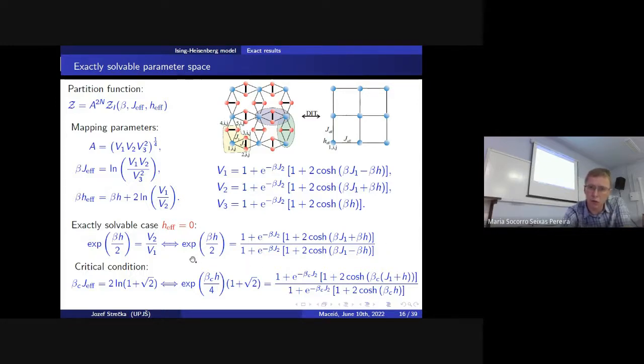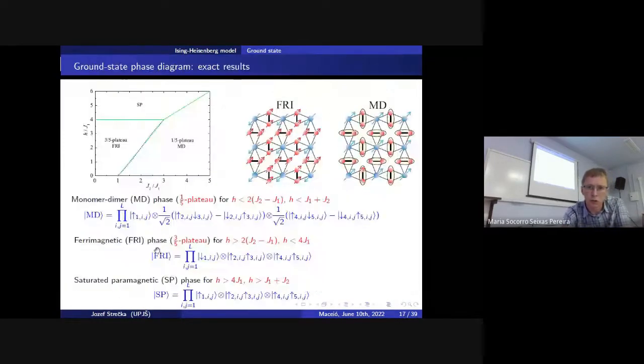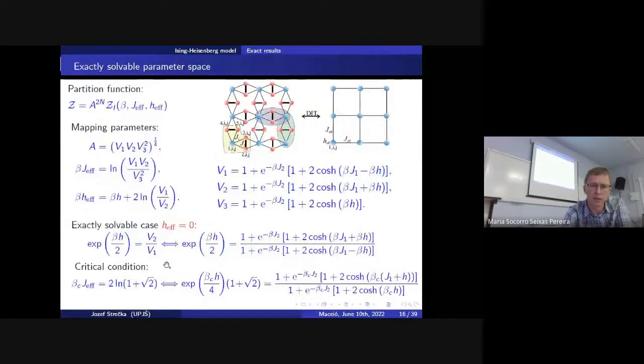And the exact solution will be given by solving this transcendental equation with respect to the true field. When the effective field is 0, this equation will determine, for given couplings J1, J2, the value of the true field when the system is mapped to the exactly solvable subspace.